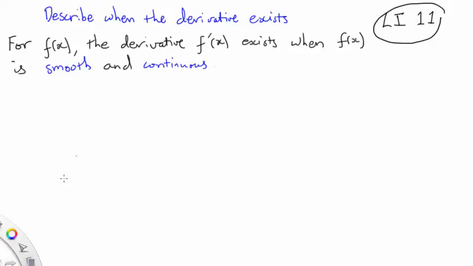So we're allowed to find the derivative when we satisfy these two qualities. The best way to define them is to define what they're not.